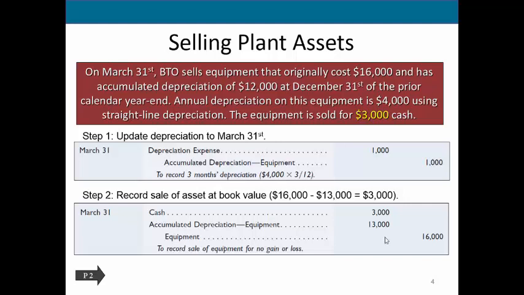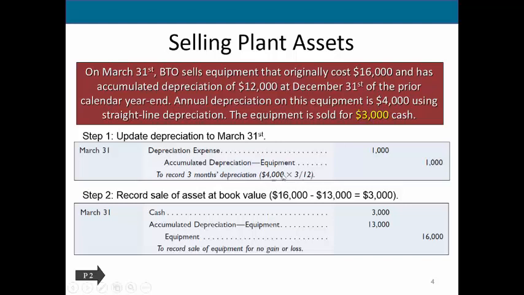So the first thing is we always have to bring the depreciation up to date if we're dealing with a partial year, and in this case we are. We don't have to calculate what our straight line depreciation amount is because they've already told it to us. It's $4,000 per year. Now, as of March 31st, only 3 months have passed.